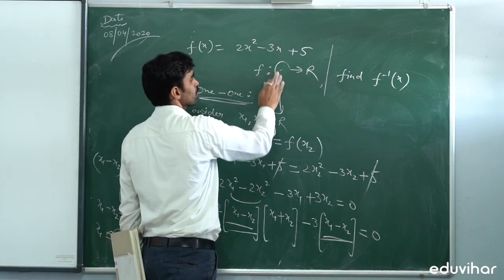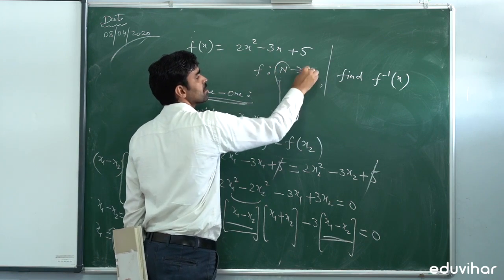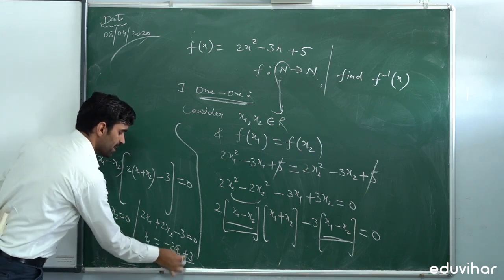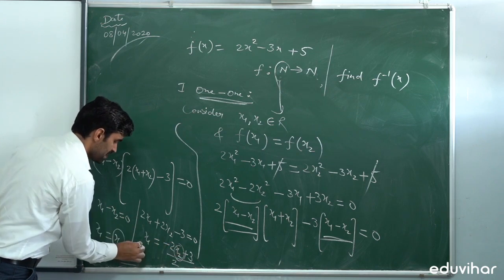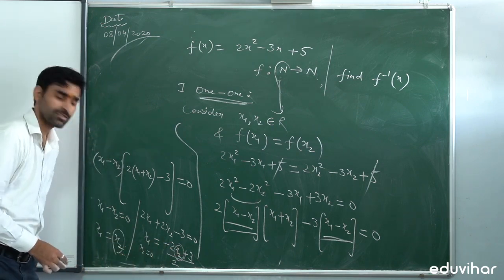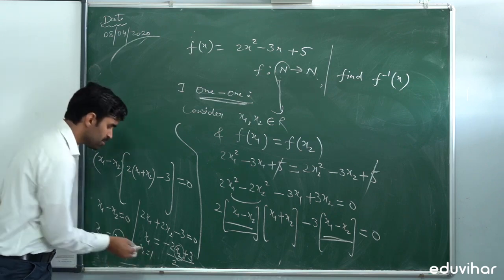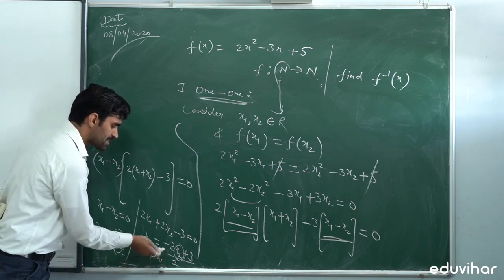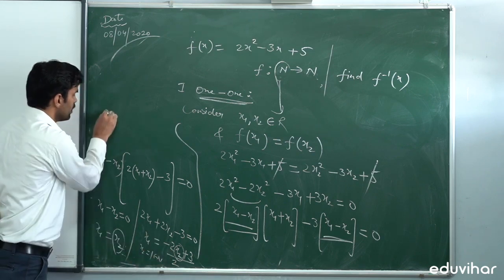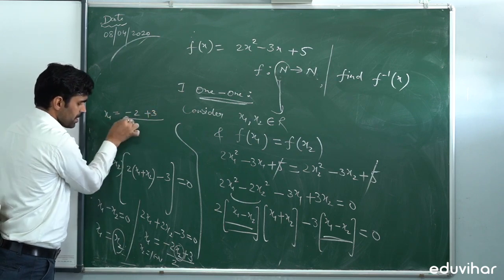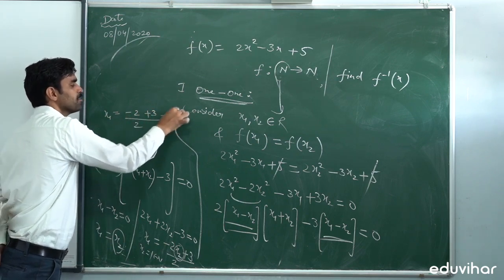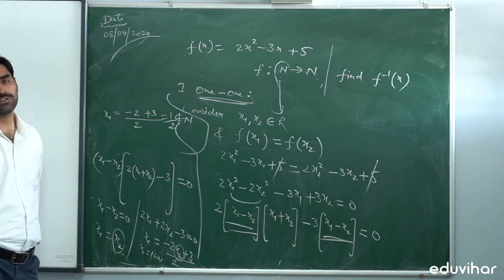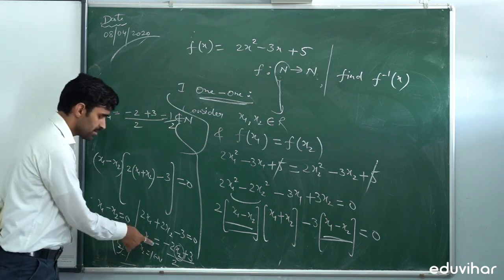If this is done for natural numbers to real numbers or natural numbers to natural numbers, then consider x2 = 1, which belongs to the natural numbers. Then x1 = (-2 + 3)/2, that is 1/2, and 1/2 does not belong to the natural numbers. So this is not possible.